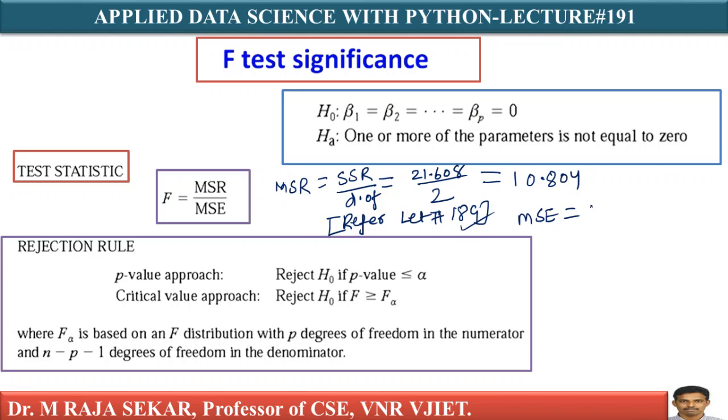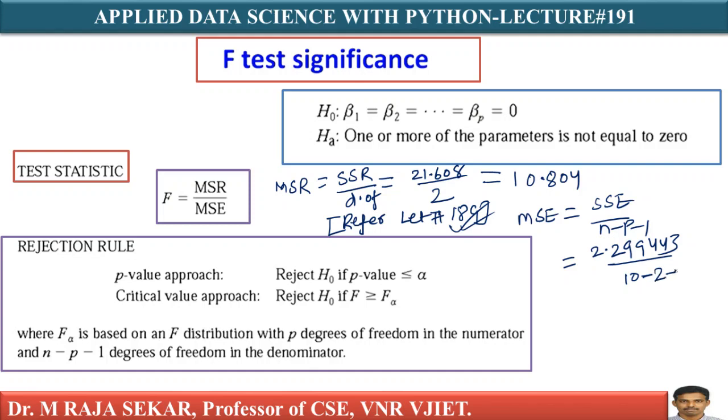MSE equals SSE by n minus p minus 1. What is my SSE value? Again, just refer to lecture number 189. I discussed it, and I think we got the value 2.2994443. That is SSE by n minus p minus 1. N is the data set size. There are 10 observations.